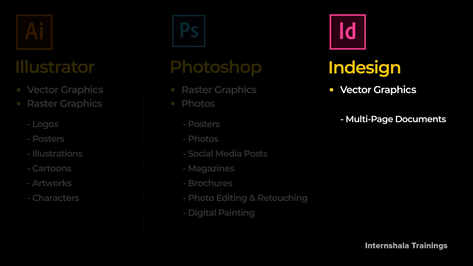It can combine both raster and vector files that you have created in Adobe Photoshop and Illustrator and easily compose them to make professional flyers, brochures, books, or even presentations. Unlike Photoshop and Illustrator, it's designed from the ground up with publishing in mind and the capabilities on working on files that require multiple pages.